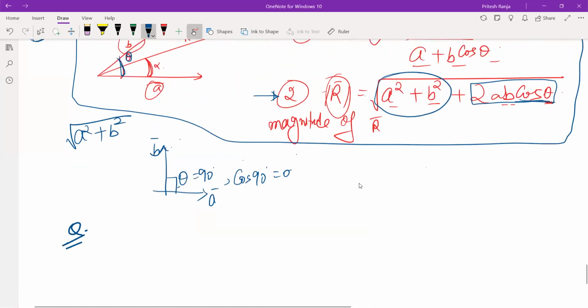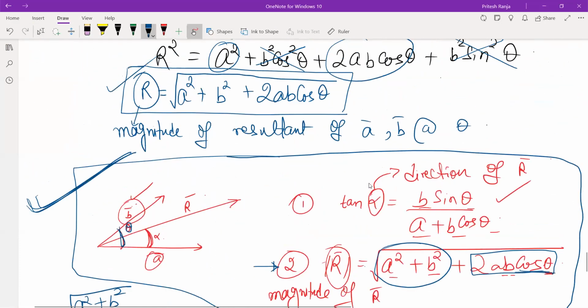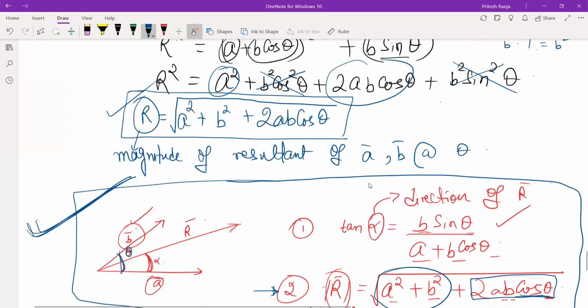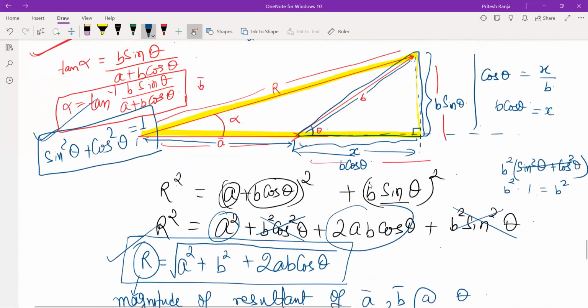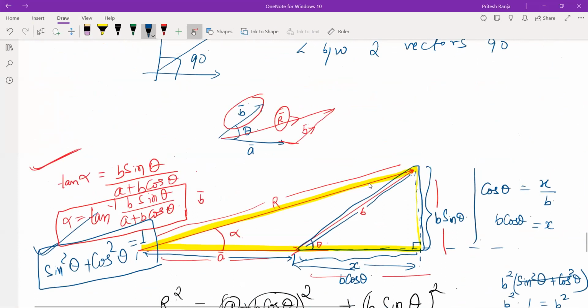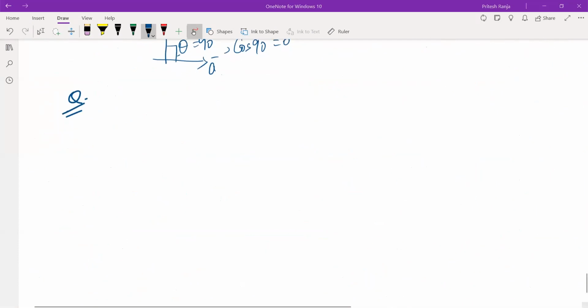So in the last class, we talked about the resultant things, right? How to find the resultant of two vectors and the magnitude of resultant. And we did problems based on resultant and the direction associated with the resultant vector. We also talked about projection of vectors, talking about the dot and the cross product.